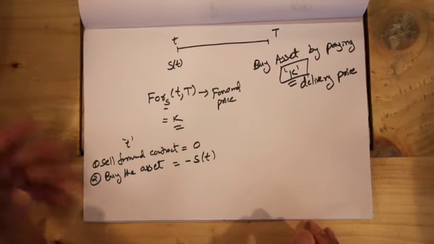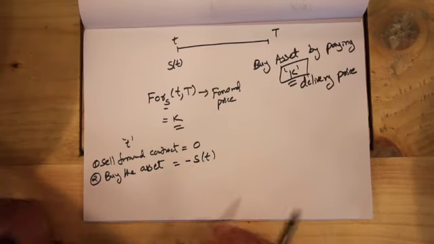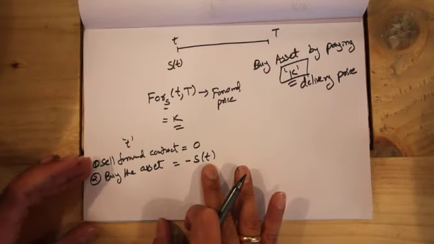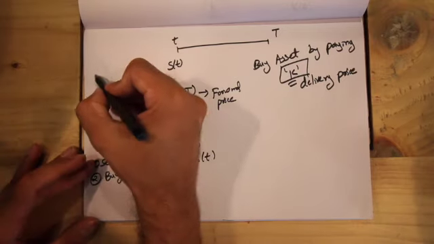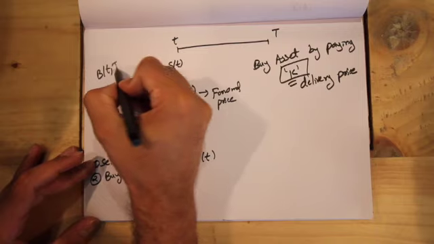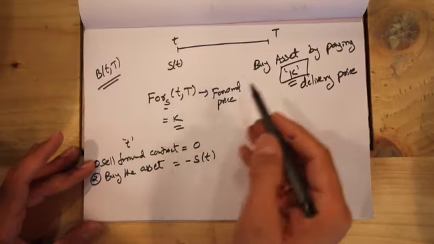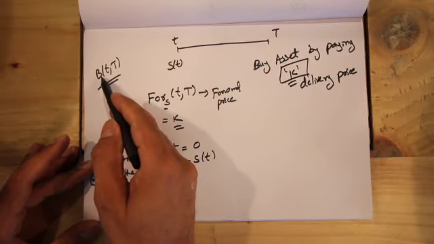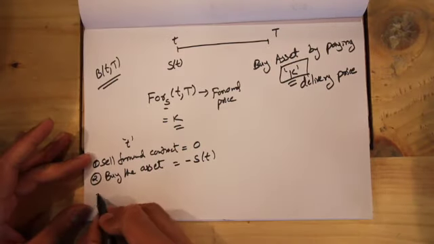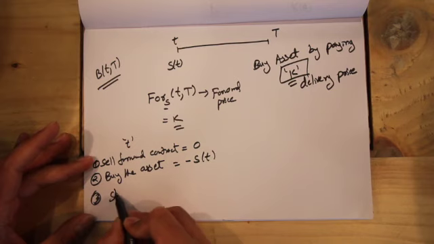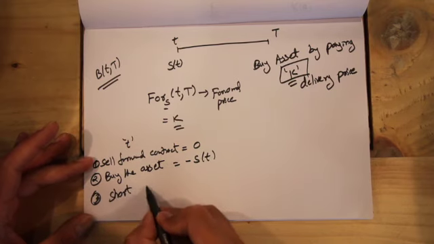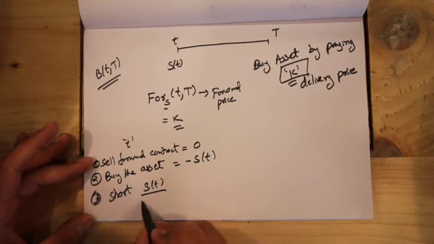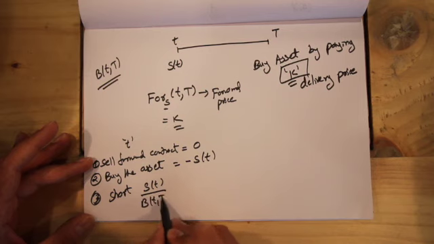How am I going to come up with this money? Well, we have a zero coupon bond also trading in the market, and the value of the zero coupon bond that pays $1 at time capital T is given by B(t, T). So what I'm going to do is short S(t) divided by B(t, T).